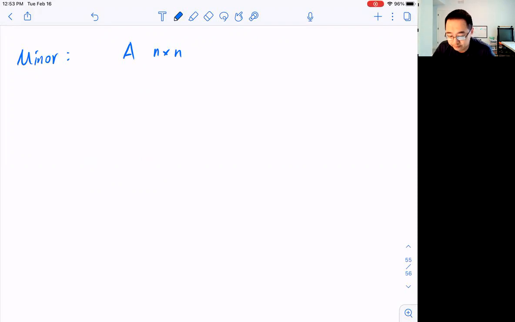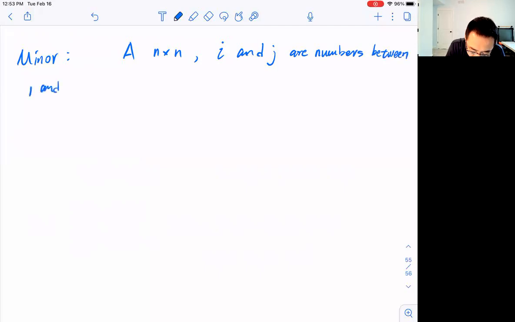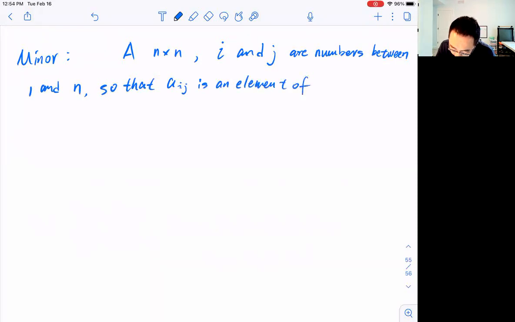And if I and J are numbers between 1 and n, so that means I and J are somewhere between 1 and n, then A of I and J is an element of the matrix A. All we're saying is if this is a 3 by 3 matrix, then I and J are numbers between 1 and 3, and A of I and J would be an element in this matrix.